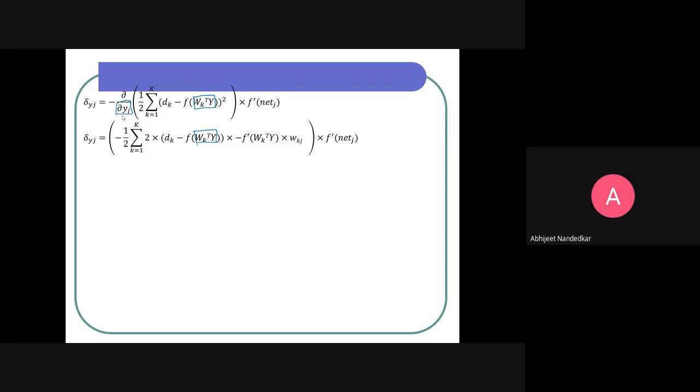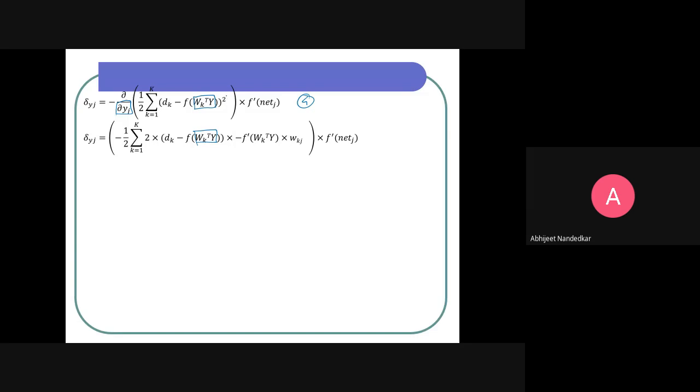So if I differentiate this, say equation number 4, with respect to yj, then you can solve this as usual.